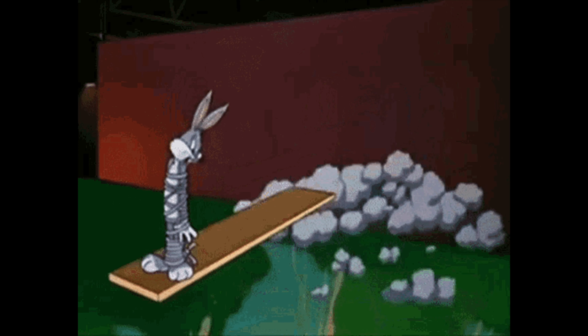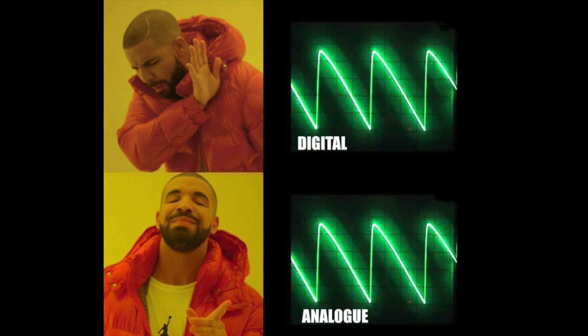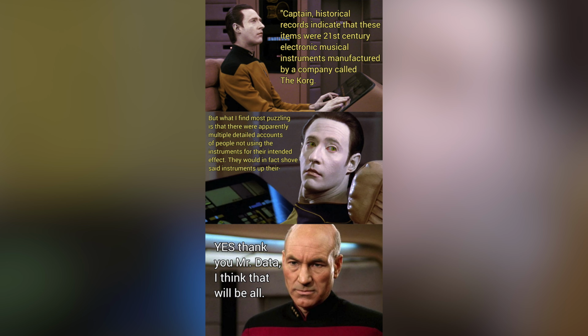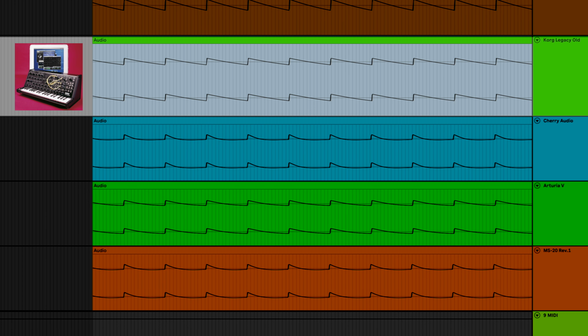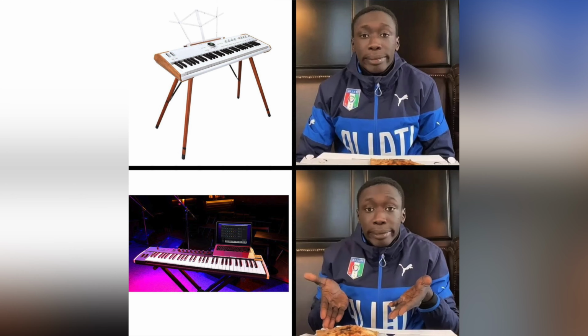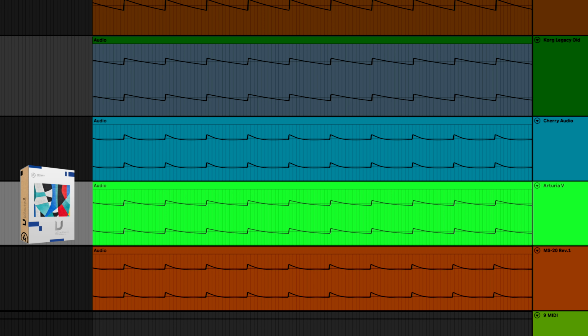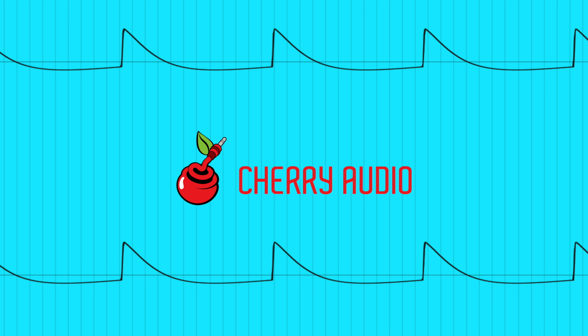Before taking a deep dive into actual sound comparisons, I took another nerdy look at the raw waveforms, and there are profound differences. While the official Korg plugin is based on bright and almost mathematically perfect waves, Arturia's take on the subject is more muted sounding, with the Cherry Audio being somewhere in between.